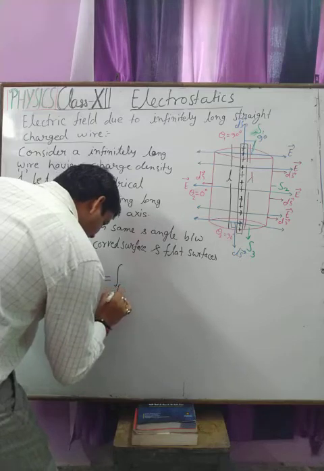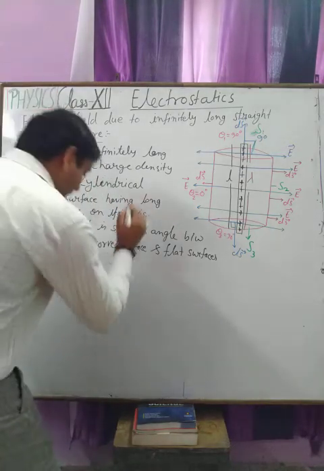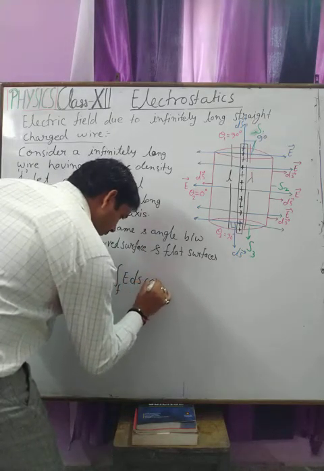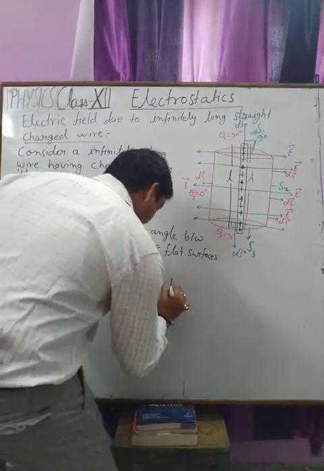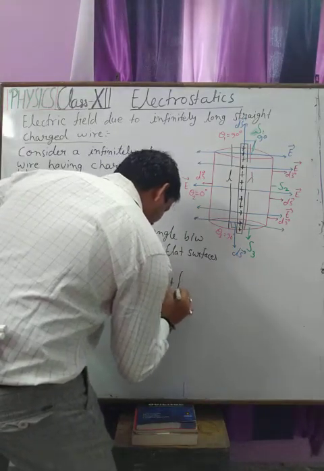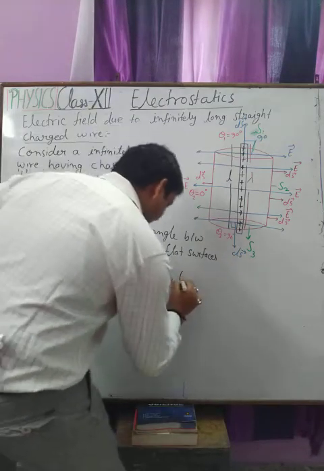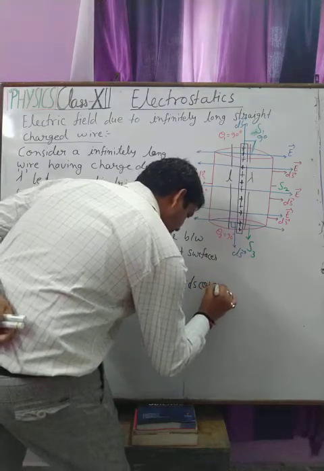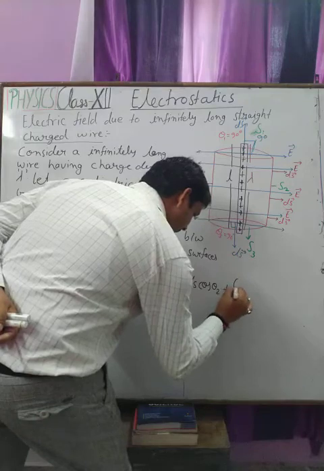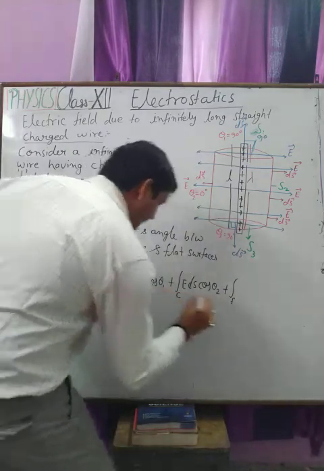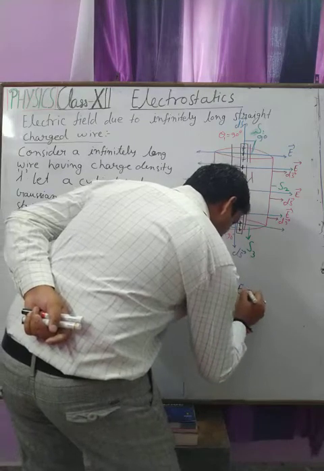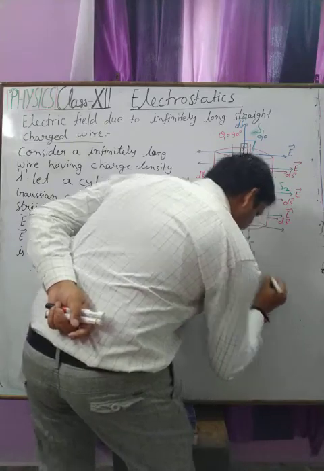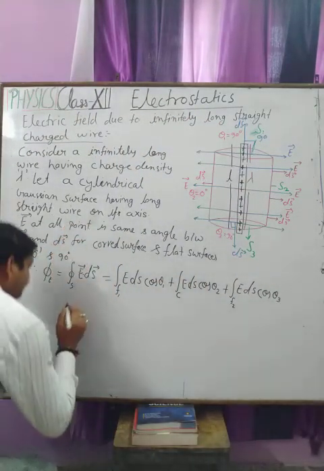First, for the first flat surface, that is E ds cos theta 1, plus electric field for curved surface E ds cos theta 2, and plus for the second flat surface E ds cos theta 3.